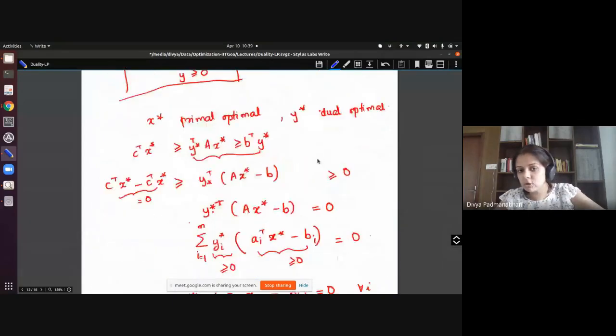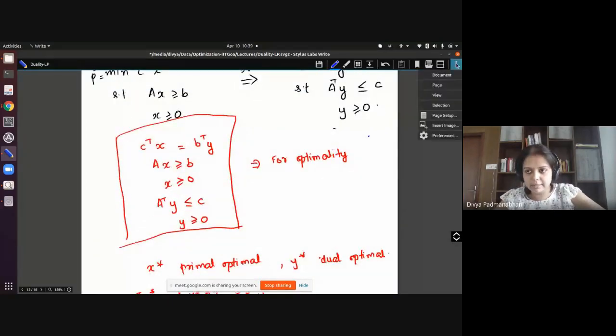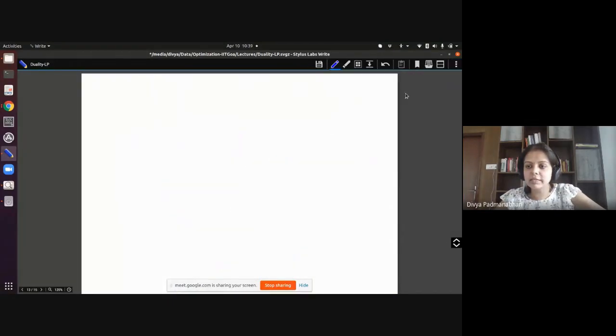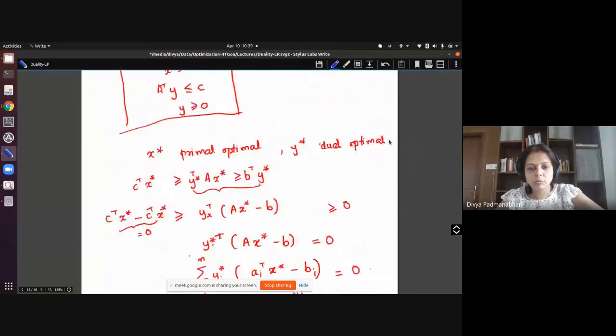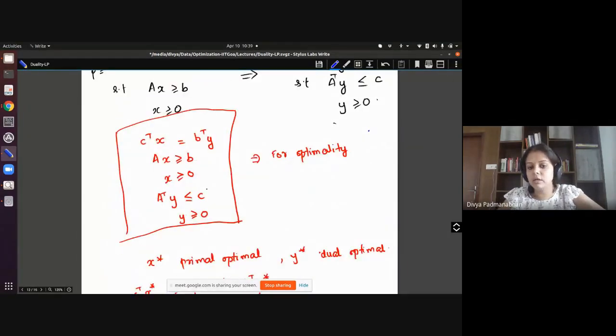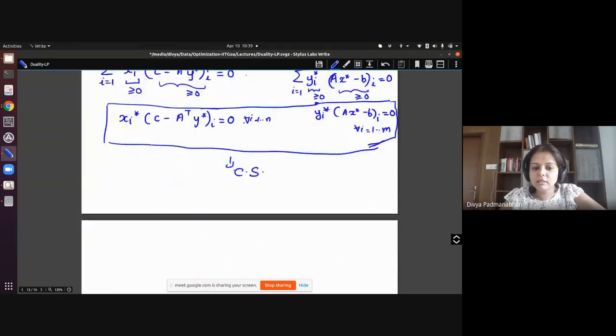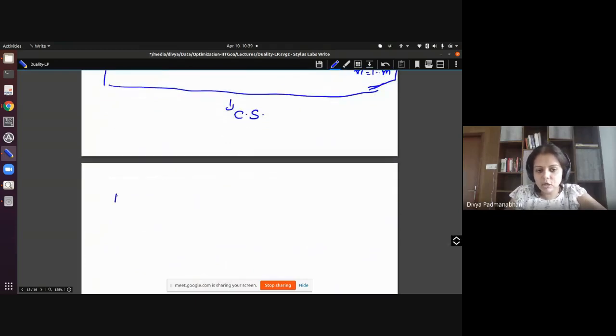Now, I mentioned this certificate of optimality. Another way to see it is that you have these primal and dual optimal points. Instead of saying strong duality in a direct manner, another certificate is that one, you have a primal feasible x star, and two, a dual feasible y star.